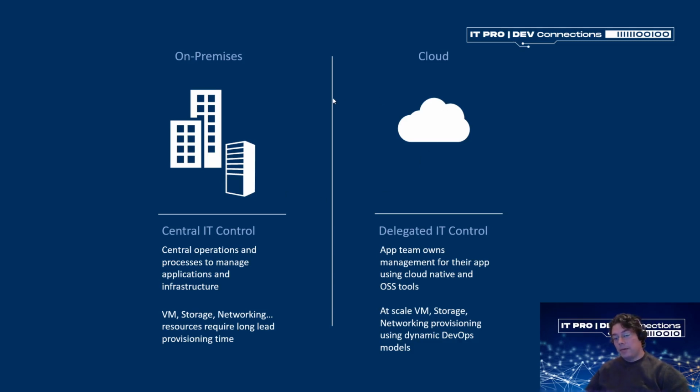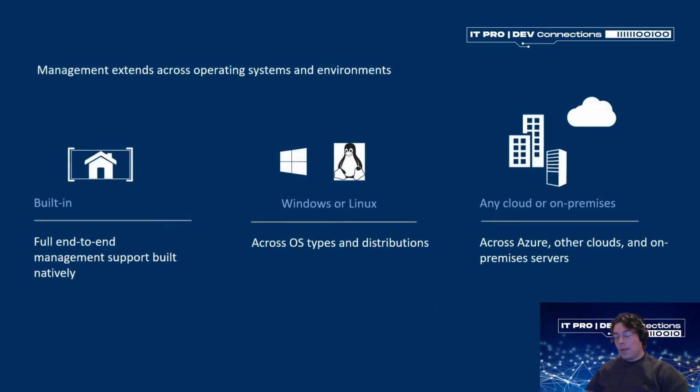Ever-evolving cloud-native solutions are there to provide visibility and controls to improve an enterprise's security posture beyond what is possible with on-prem tools. What we need is update management at scale. A built-in solution supporting either Windows or Linux across environments.